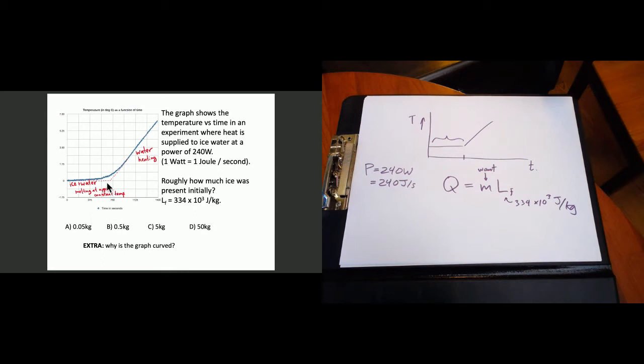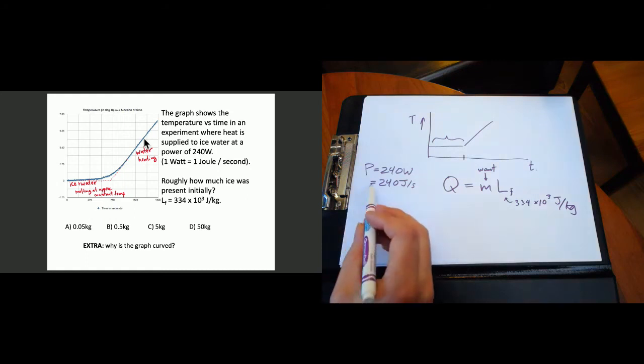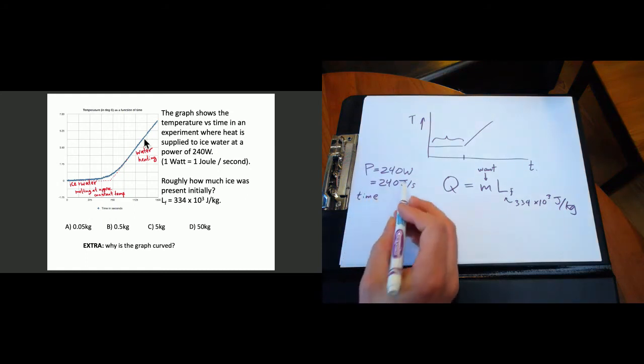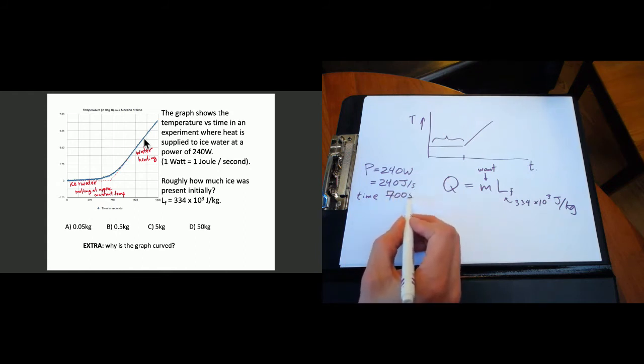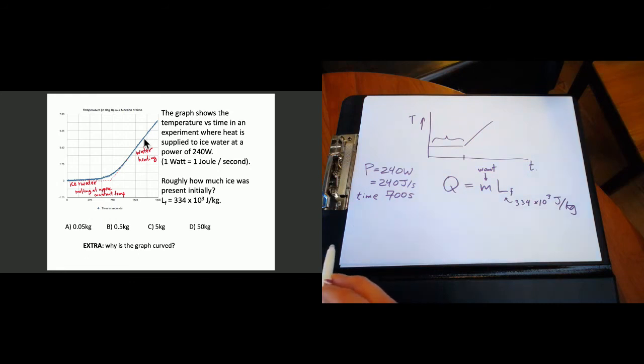And it looks like we're adding energy for about 700 seconds before the water just starts heating up, before all the ice is gone, and now we're just heating up the water. And so we add energy at 240 joules per second for a time of about 700 seconds.